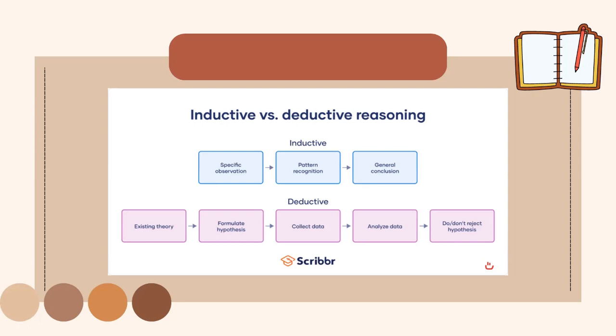Whereas deductive, as you can see, you actually start with a particular theory, and given that theory, you formulate a hypothesis and you collect data. Basically, something that you would generally do for research, right? You look at the theory, you make a hypothesis, of course, you collect data, then you analyze that data the same way that you would analyze the pattern here in the inductive, and eventually you'd reach an answer that would either accept or not accept the hypothesis you made earlier in this procedure or experiment. So that's basically the difference between the two.